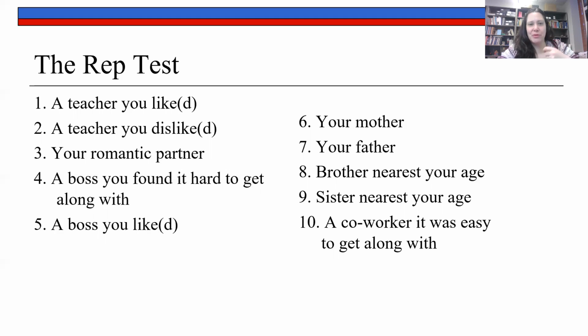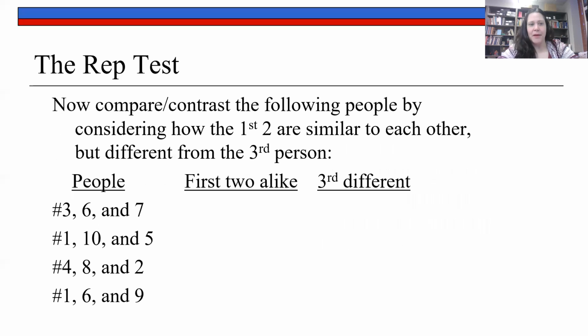Once somebody writes down their 10 names, they are then asked to go through a series of triads that are given by the researcher or the therapist, and you then have to analyze how 2 of these people are different from the third person.